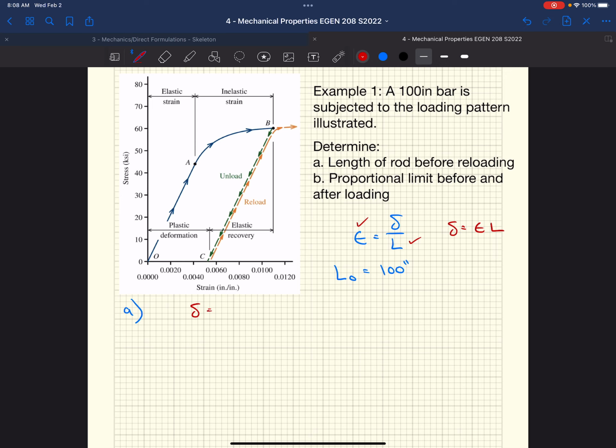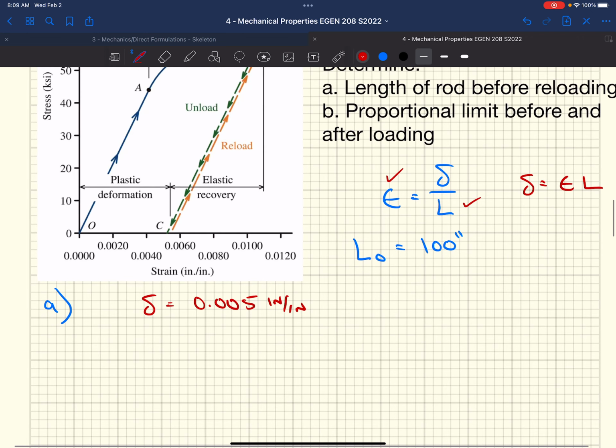Well, our strain we can capture from our stress strain diagram. We're down here at, if I approximate that, I'm going to say we're at 0.005 inches per inch. Right, that's this point right here. Our original length is 100 inches. We get a delta of 0.55 inches, right? Or 100 times 0.005.